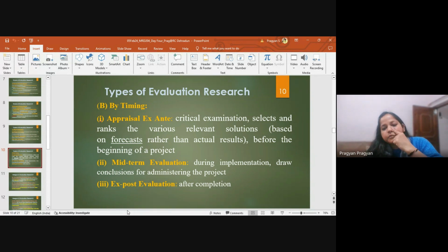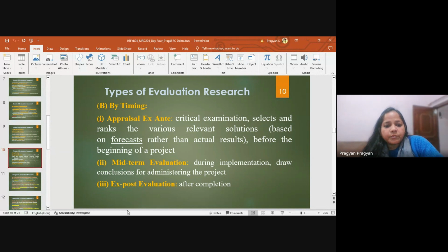It's a comparison between all the available intervention strategies, options, or solutions, which can be more prolific and which can not. So the whole process of selecting, ranking, or evaluating intervention strategies and solutions is the same, but what is different is that you are conducting this whole process before the beginning of a project, then we call it appraisal ex ante.